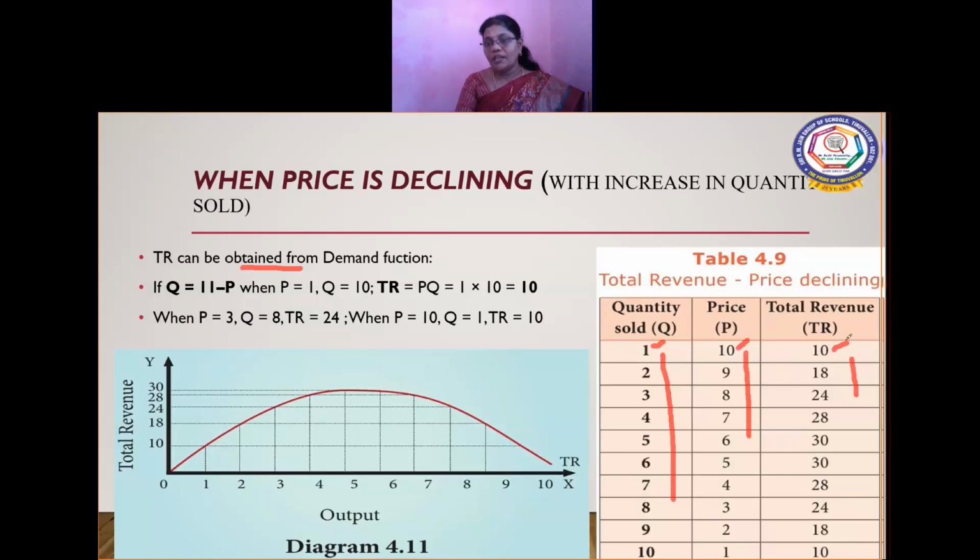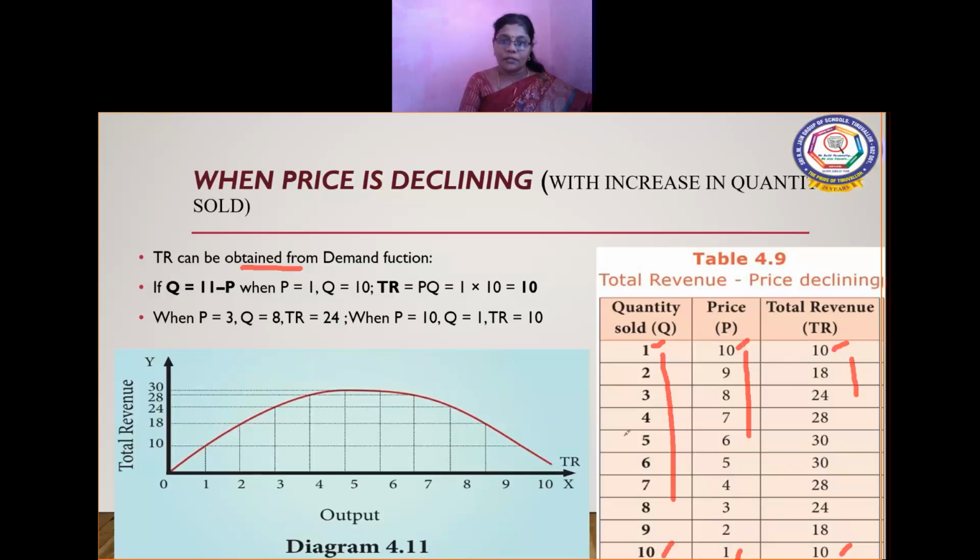By evening, the rose will lose its freshness, so automatically the price will decline. If you go by night, you will get 10 roses for 1 rupee also. So here also the total revenue the person is getting is 10. The quantity sold differs, the price also differs, but the revenue is the same.